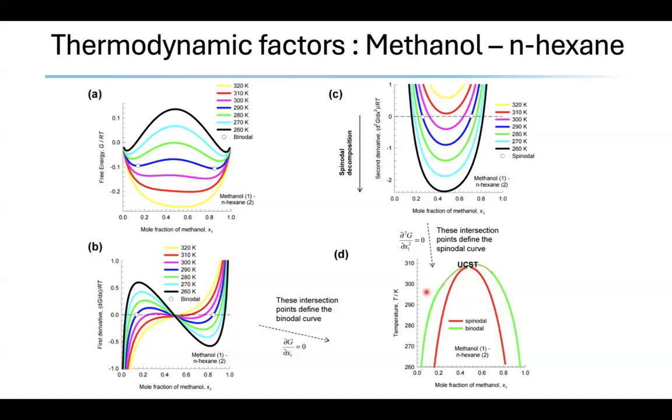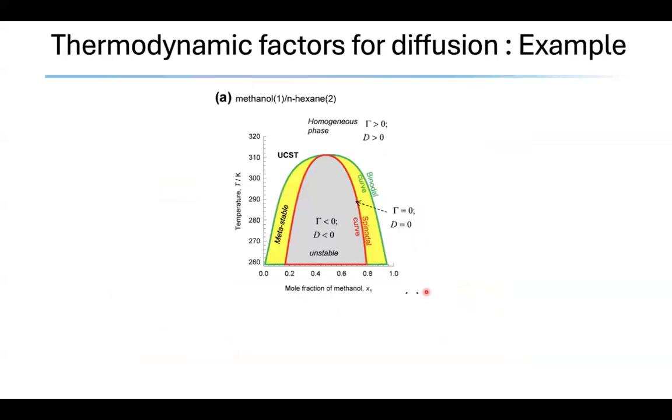What consequence does this have on your thermodynamic factor? Now, looking at the exact same figure, we see that the thermodynamic factor inside the spinodal dome is less than 0 or negative.